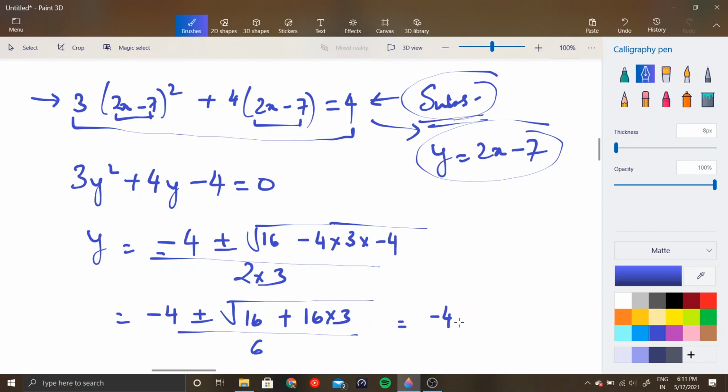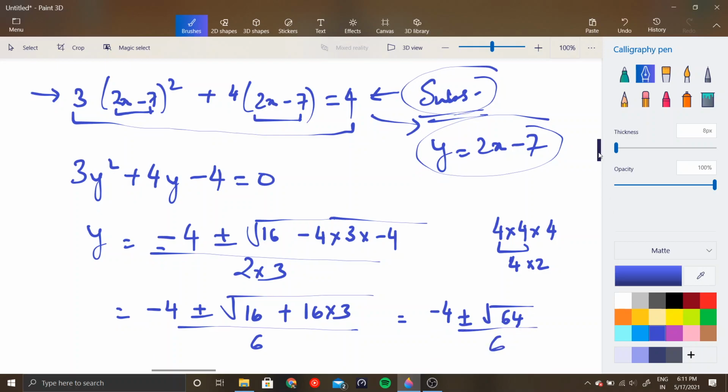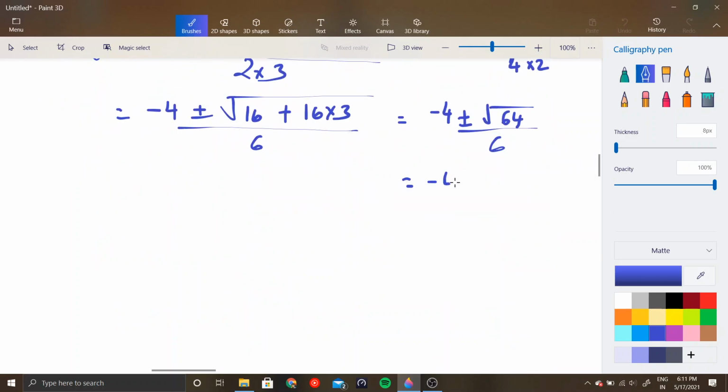So minus 4 plus minus. 64 is basically 4 into 4 into 4, right? So if we root this, you will get 8, correct? So this is root 64, by 6, for which you will have minus 4 plus minus 8 by 6. 8 into 8 is 64.